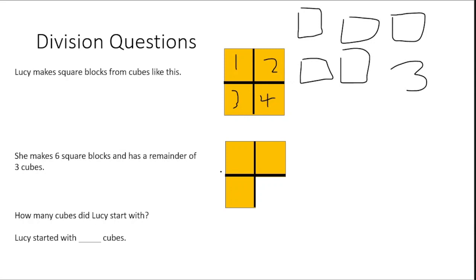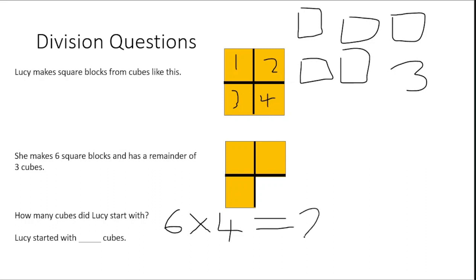We know that there's 4 cubes in 1 square and 6 squares. So it's 6 times 4, because there's 4 cubes in 1 square and we have 6 squares. We're trying to work out how many cubes are in those 6 squares. So 6 times 4: 4, 8, 12, 16, 20, and then 24.